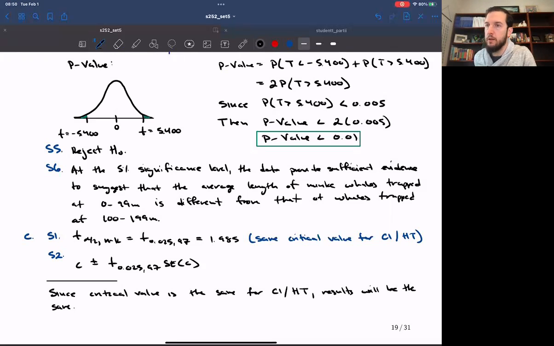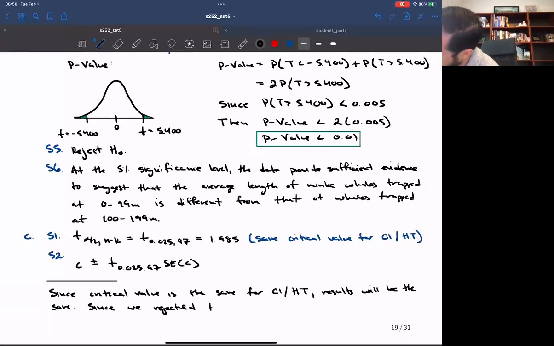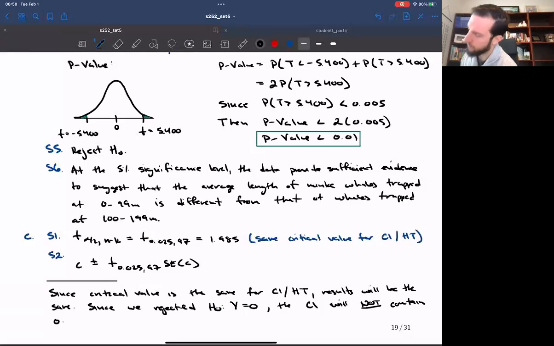So will the confidence interval contain 0 or not contain 0? Any ideas? Okay, good. So since we rejected H0, gamma equals 0, the CI will not contain 0.